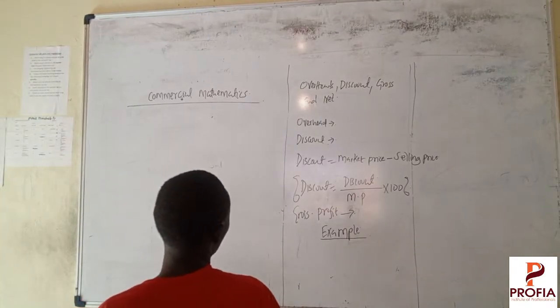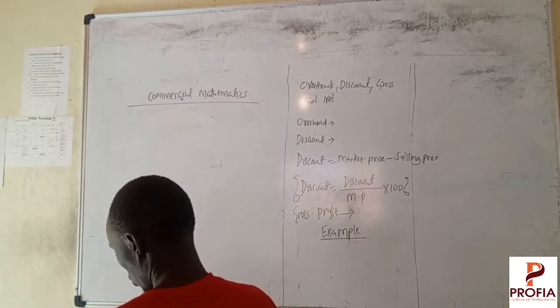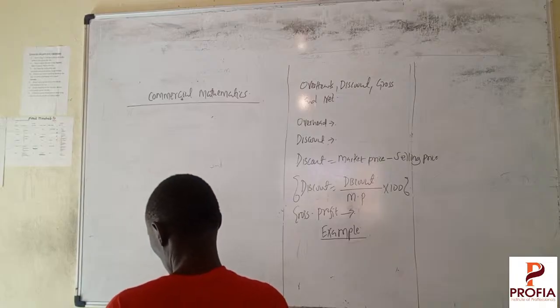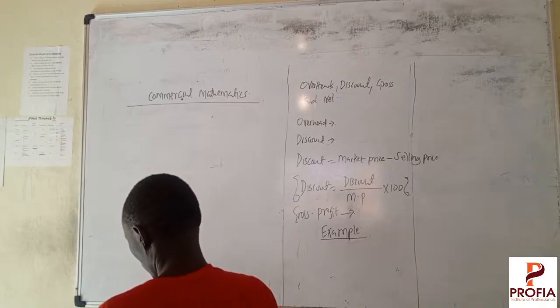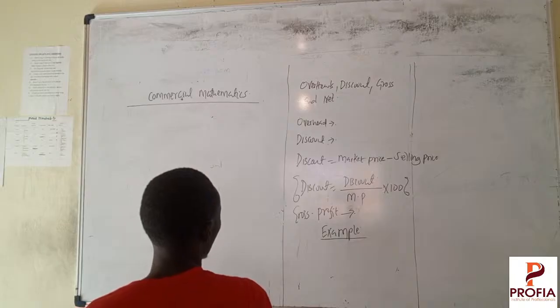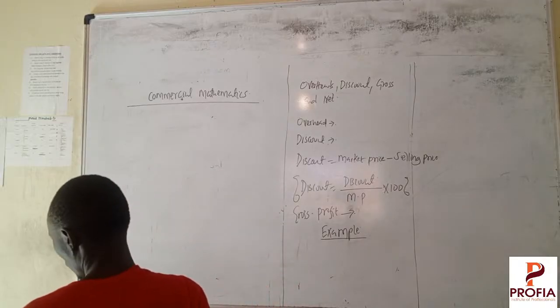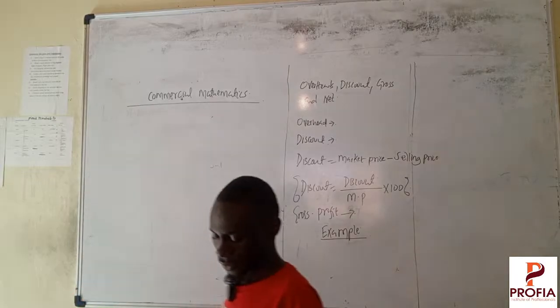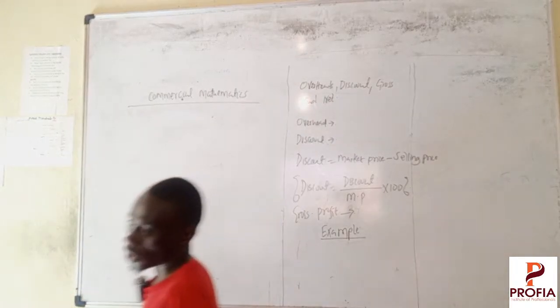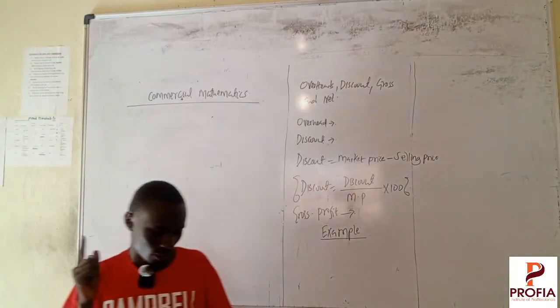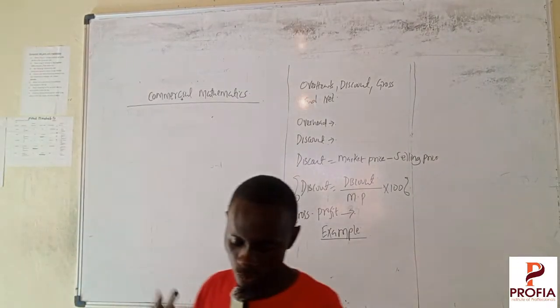Find the discount allowed on the book and its selling price. So, when you look at this question, we have been given the market price of the book.